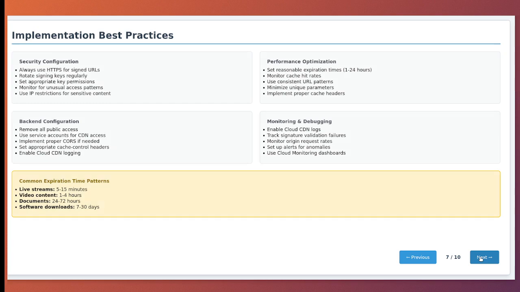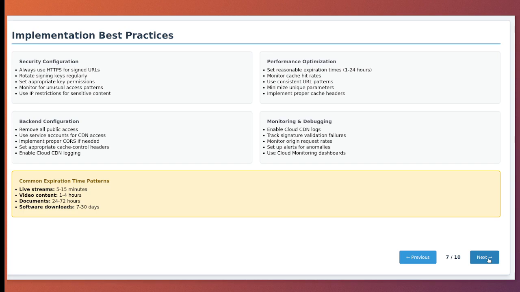When implementing signed URLs with Cloud CDN, there are several best practices to follow. First, always use HTTPS to prevent signature tampering in transit. Second, set appropriate expiration times. You don't want them to be too long, which is a security risk, but not so short that it creates a poor user experience.